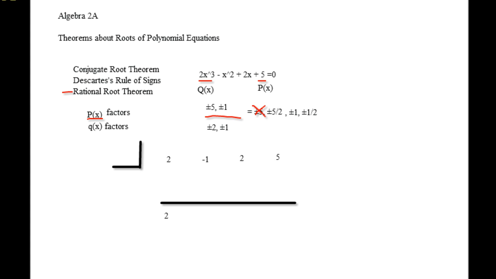Now, if we try another one, let's try simple ones, -1. Negative 1 times 2 is negative 2, so this becomes negative 2, and this becomes negative 3. Now don't abandon this just yet. It's small, like something could happen. This turns into a 3. This turns into a 5. Oh, look at that. 5 times negative 1 is going to be negative 5, which is something we want, and that turns into 0.